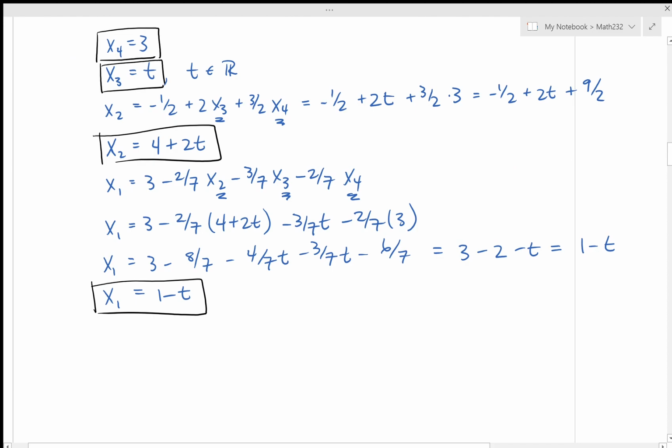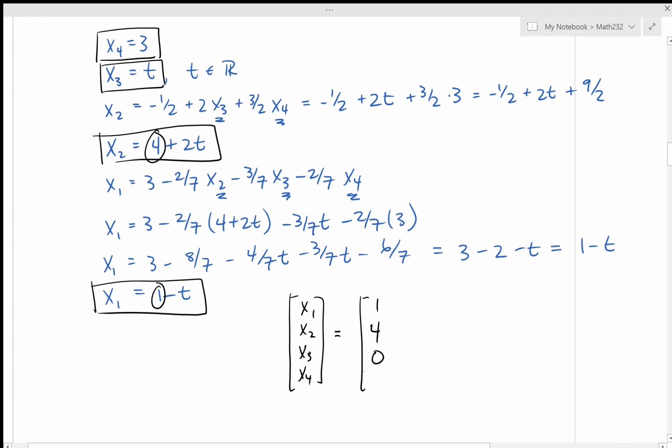Okay. So now I will write this in the format I wrote the previous solution in. It looks like this. That's my solution vector. x1 is this one. x2, that's this 4. x3, this is going to be a 0, there's no constant term there.